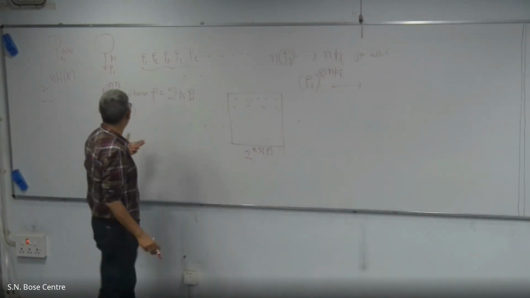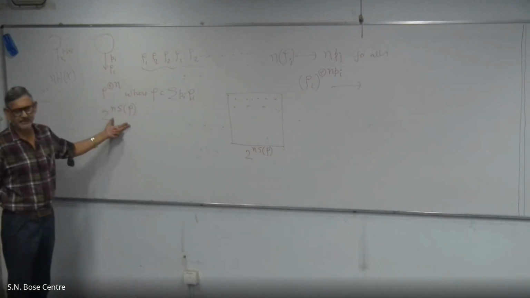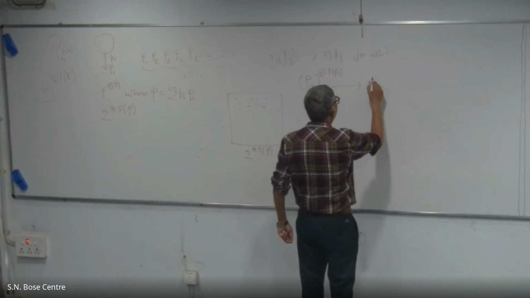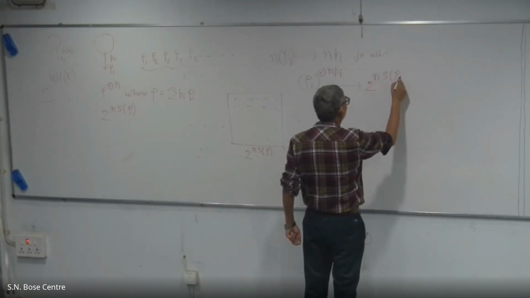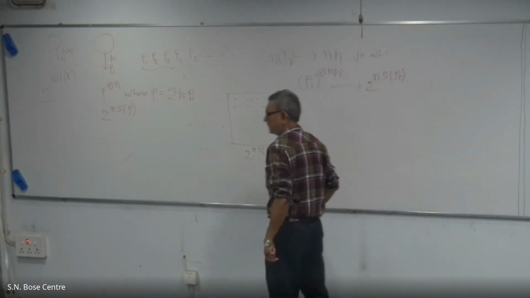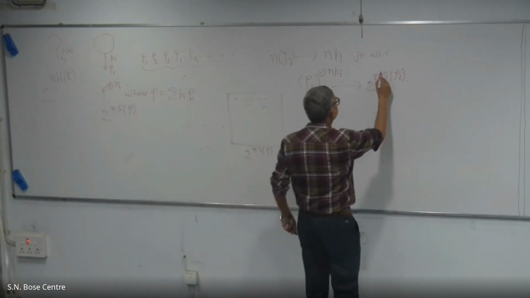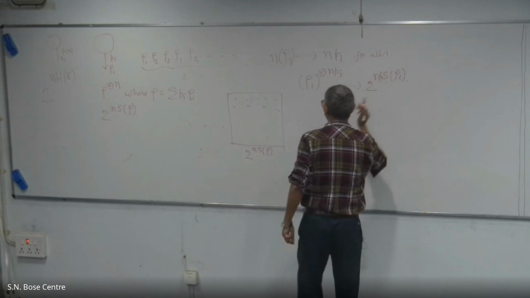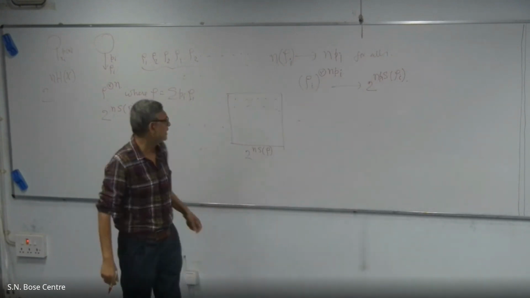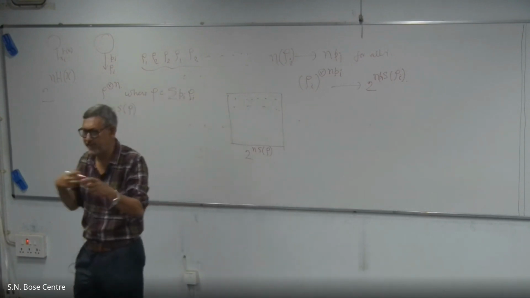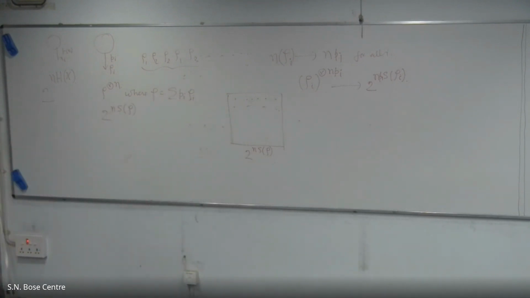It is a similar way, 2 to the power n s of rho. But this is not all, you only consider the ith one. So i is equal to 1, i is equal to 2, i is equal to 3, i is equal to 4.